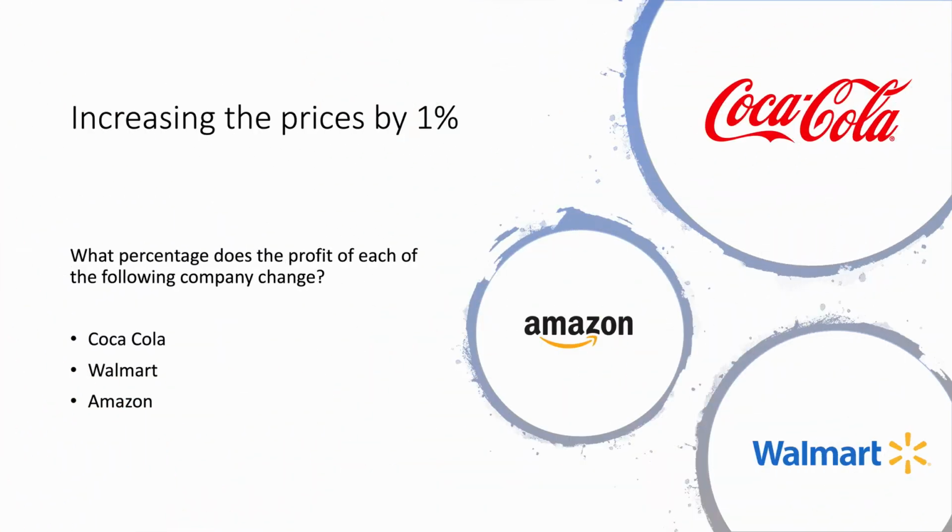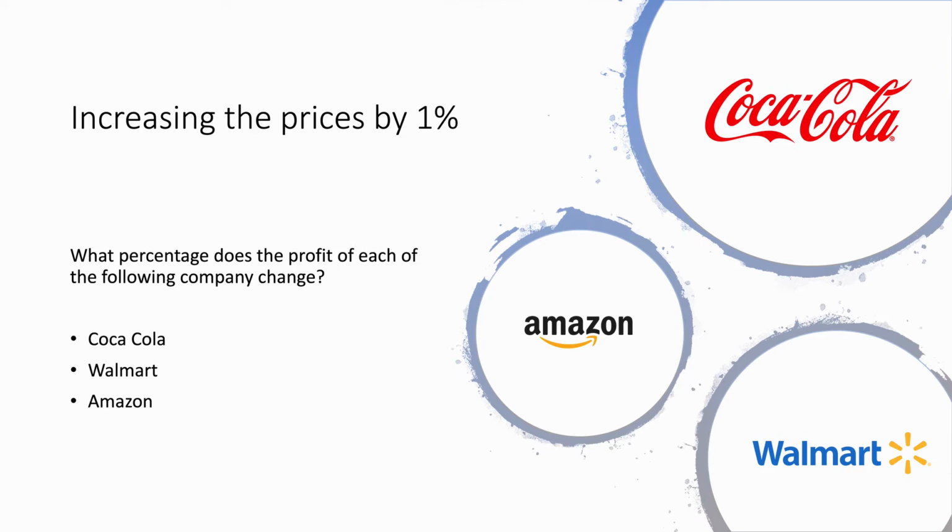We have three very large companies, Coca-Cola, Amazon, and Walmart. And the question is, let's say these three companies have the free rein to make price adjustments. Let's say they can sneakily increase the prices of all their products by 1% without consumers even noticing.